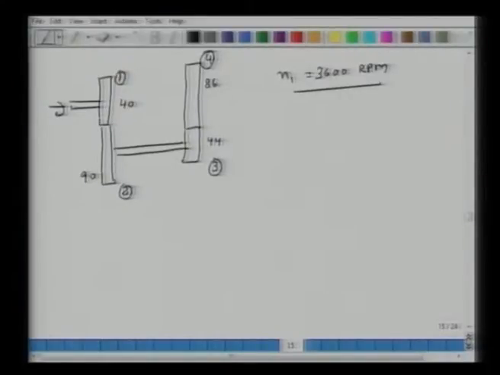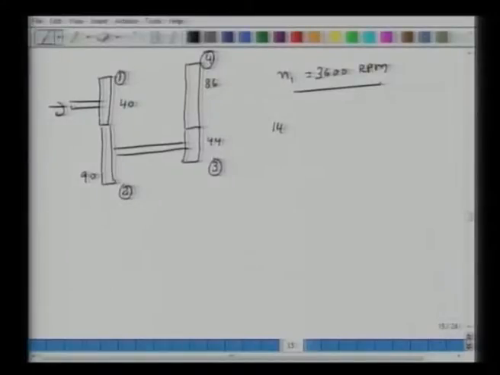Now when this gear train runs, it's generating some noise. So I measure the noise signal, I plot it on a graph sheet, and I find that there are peaks at different frequencies. My peaks are at 14 hertz, 27 hertz, 1227 hertz, 2400 hertz, 2455 hertz, 4800 hertz.